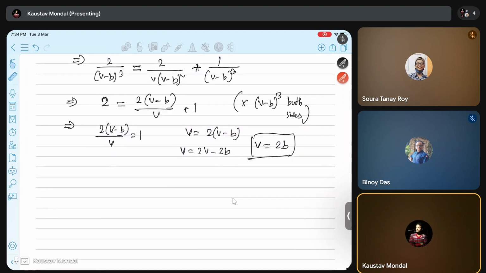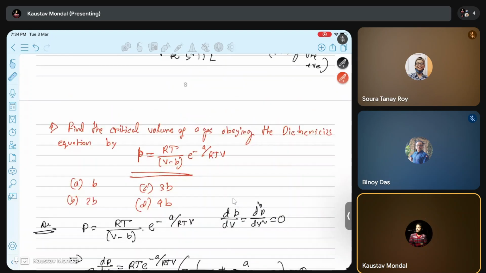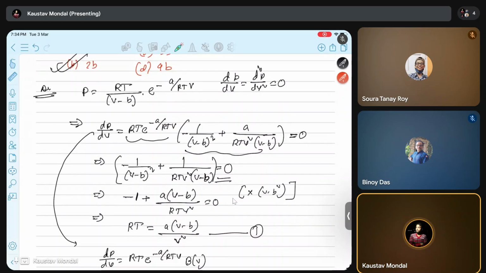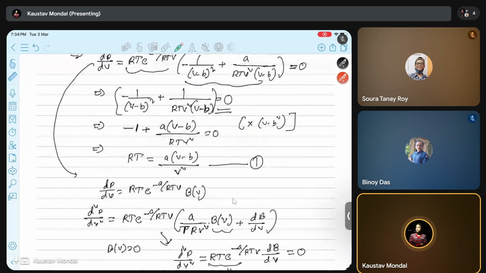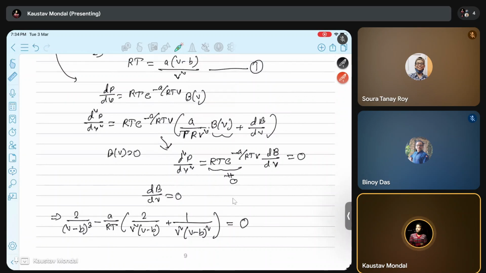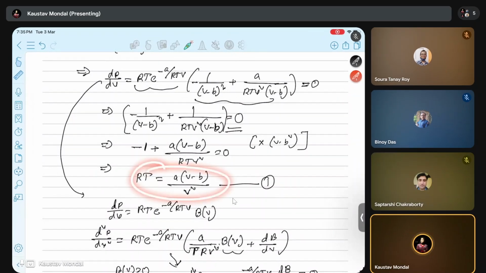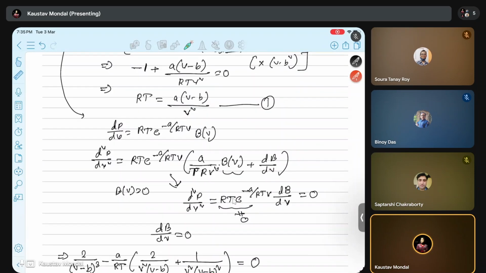So the correct answer would be this one. Okay. So as you can see, this approach is similar to the way you calculated the critical volume for the case of van der Waals gas. Similar approach here, only the equation of state would be different. So the main thing is dP by dV and d square P by dV square, both you have to equate to 0. From the first condition you got this relation, RT in terms of V and b.